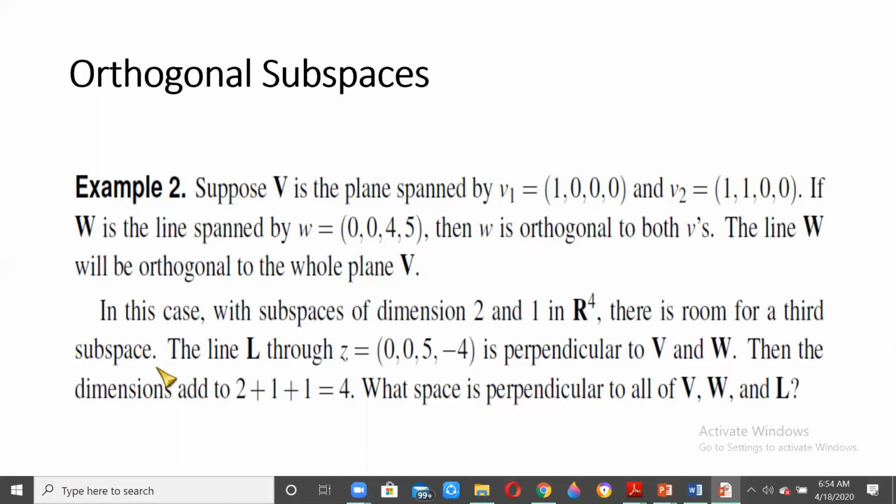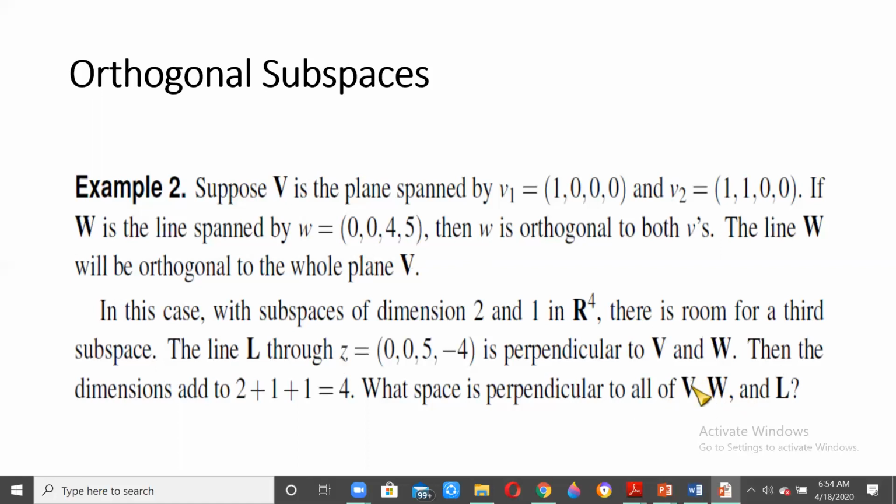So all the dimensions of V, W, and L together become the dimension of the total space, which is R4. Now the question arises: what space is perpendicular to all of V, W, and L? V has a dimension of 2, W has a dimension of 1, and L has a dimension of 1, because this is a line, this is a line, and this is a plane.